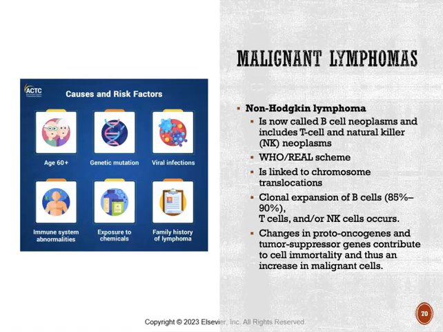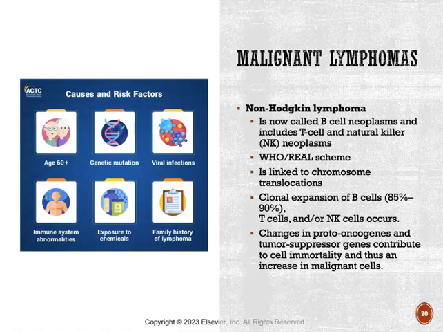All right, now for non-Hodgkin lymphoma, which can be classified as B cell neoplasms and also includes our T cells and natural killer cell neoplasm. So according to our WHO REAL classification, this cancer is often driven by chromosomal translocations leading to the clonal expansion of our B cells, which is around 85 to 90% of our cells, and T cells or NK cells.